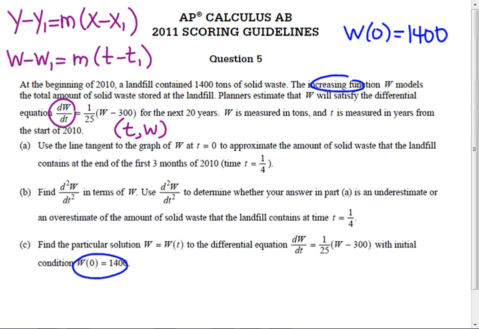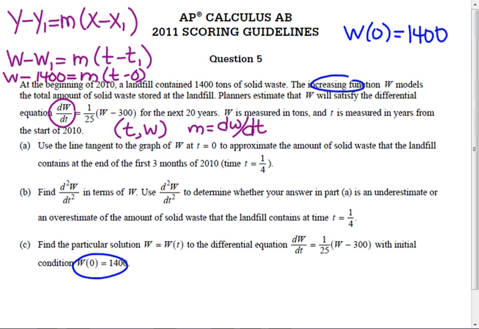Well, do I know a value for W? Yeah. What is it? 1,400. And that's when t is 0. So all I need to put in there is what? Now what's missing? The slope. What's dW/dt? It's the slope. M equals dW/dt.